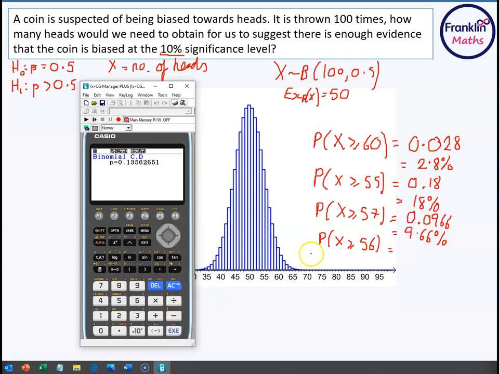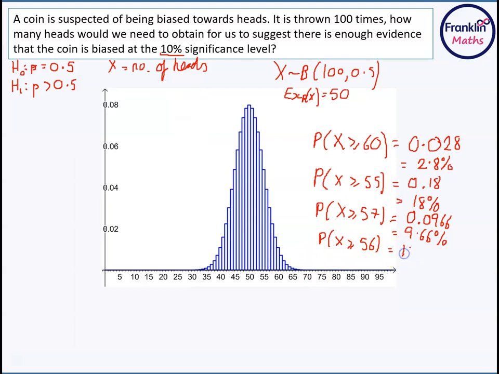And this time we've got 13.6%. So in this case, for us to reject H0, we would need to get 57 heads, which doesn't seem that many really, but there you go.